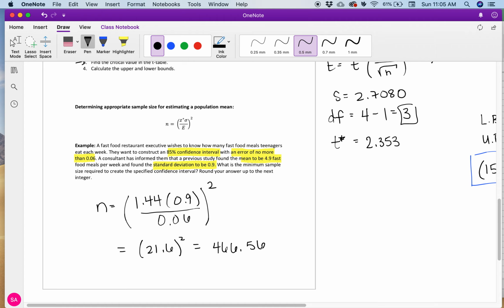you get 466.56. And for these problems, Hawks is going to want you to round to the nearest whole number, because when we're working with samples, we don't have half a sample. You have one sample or two samples, and so on. So since this is a 5, we are going to round up to 467.